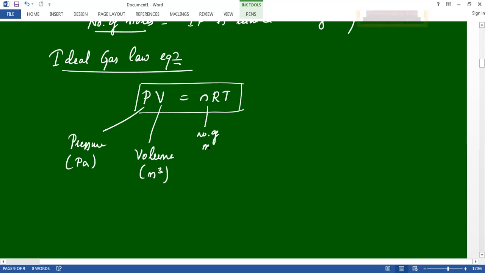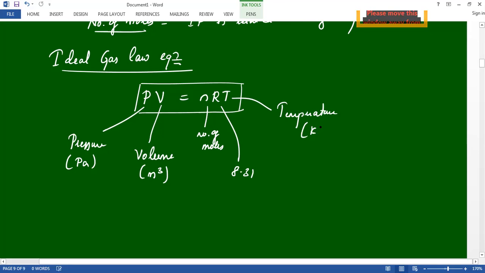R is a constant, and the value of R is 8.31. T is temperature, and it should be in Kelvin. So this is about the ideal gas law equation.